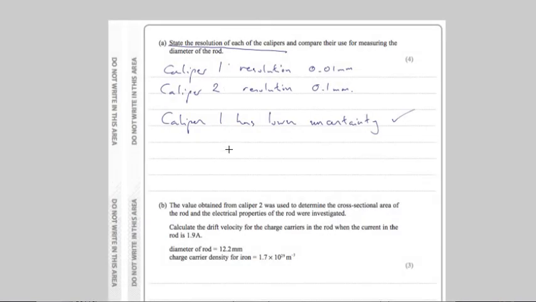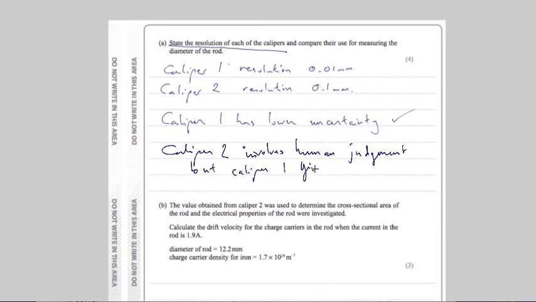So caliper 2 involves human judgment, while caliper 1 gives a direct reading. That's another thing that we can say.